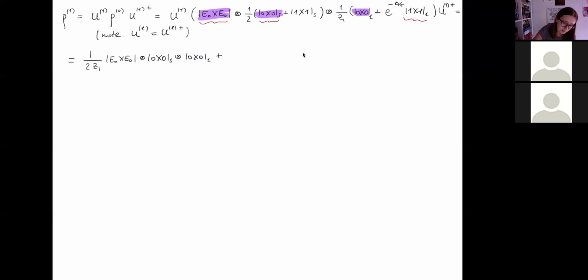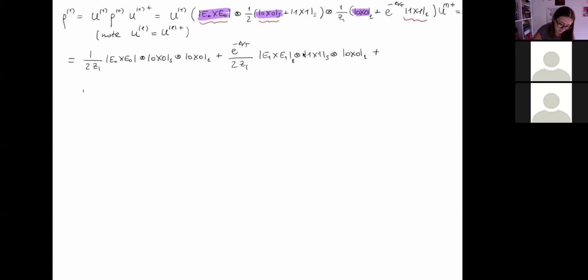So this state, with the coefficient e to the power minus delta over t over 2Z1, is transformed into E1, 1, 1 on S, and the state of the heat bath is lowered, 0, 0 on 1.